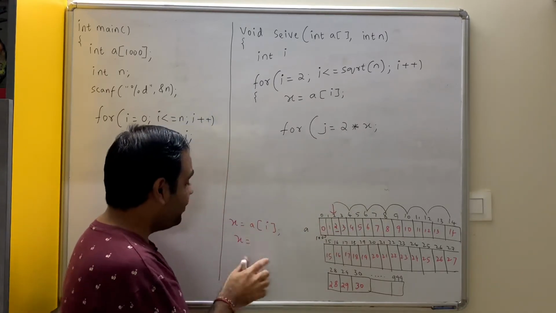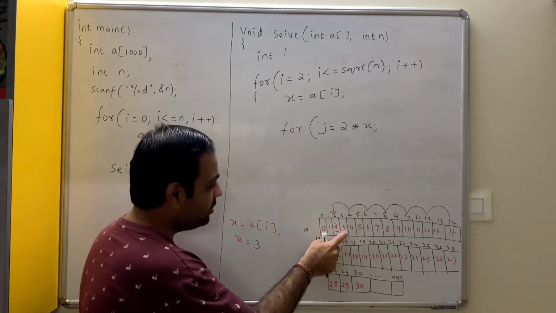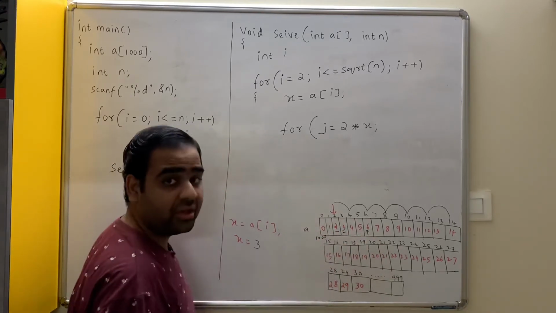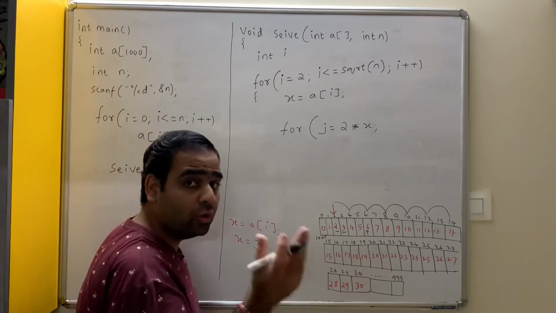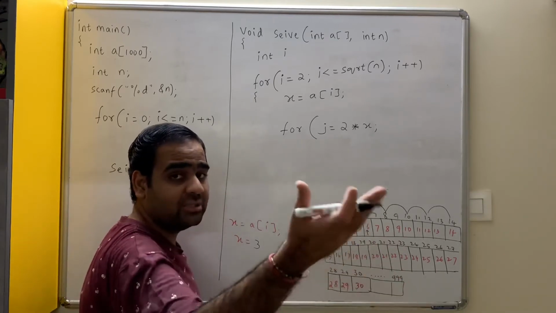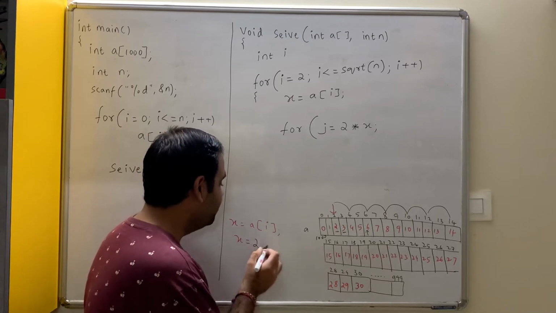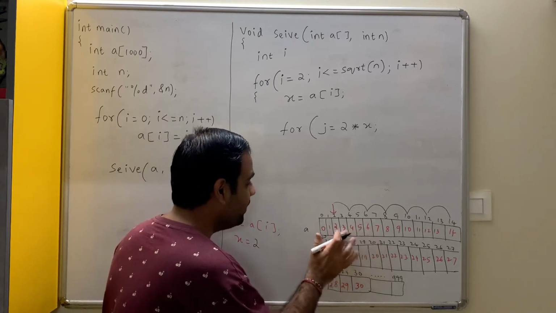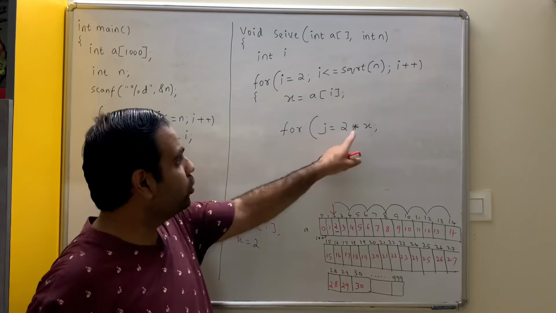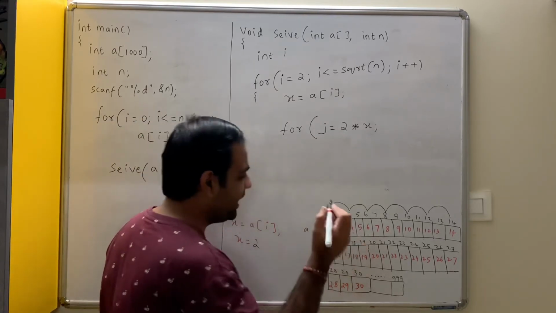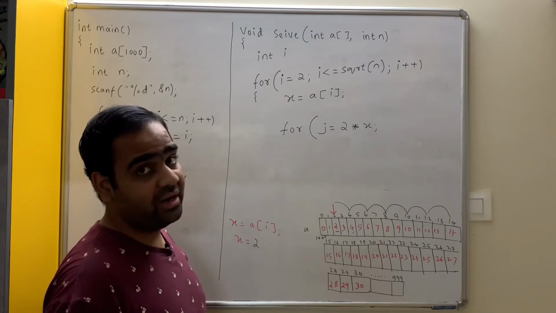Had the value of x been 3, where is the next multiple of 3 found? At index 6. And how do you get 6? 2 into 3 is 6. 1 one is 1, 1 two is 2. The next multiple that you get is 2 only. Therefore, you say multiply by 2. Therefore, it is 2 into x. x is 2, right? 2 into 2 is 4. That means at index 4, you find the next multiple.